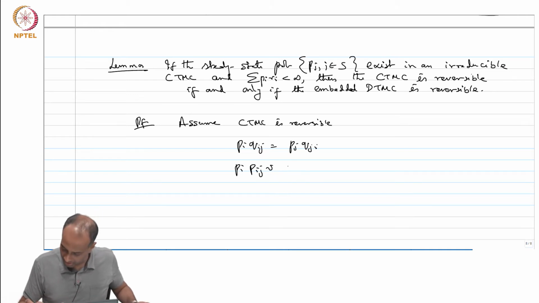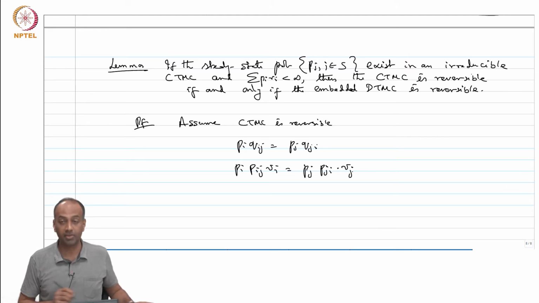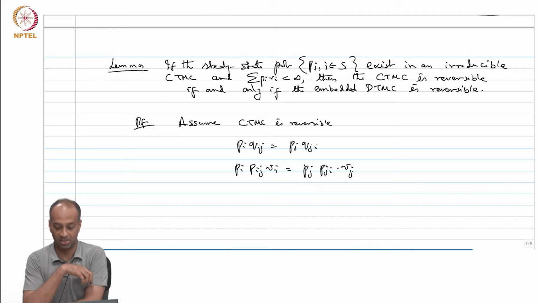P I j times nu I, and q j I is P j I times nu j, right. So, you have this.